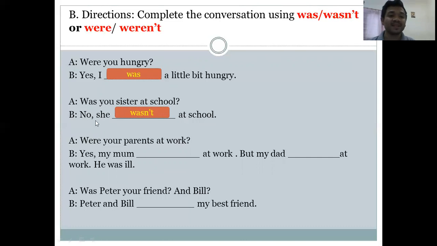All right. Next one. A. Were your parents at work? Yes. My mom, yes, means positive. My mom was at work, but my dad, no, this signifies negative form. But my dad wasn't at work.